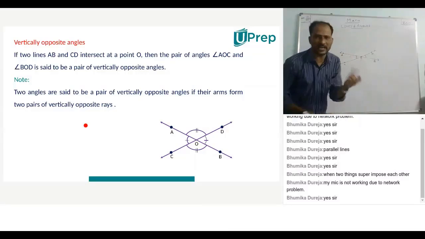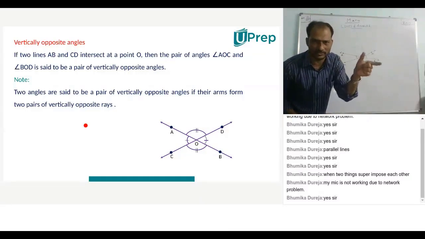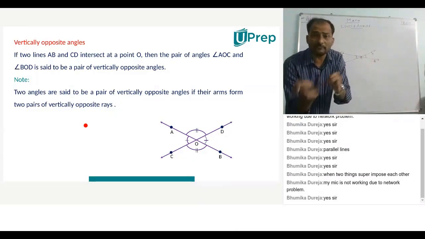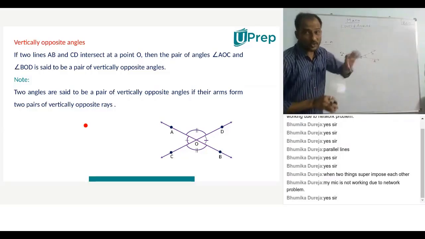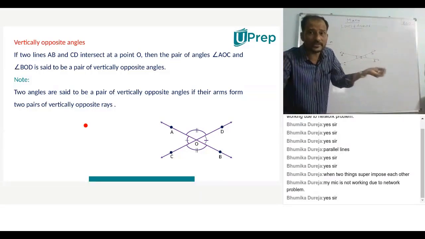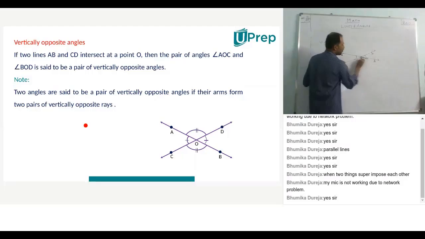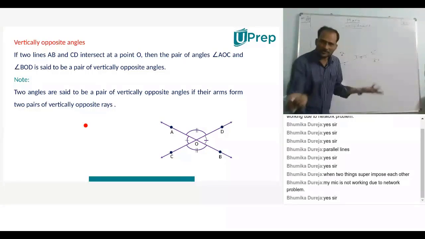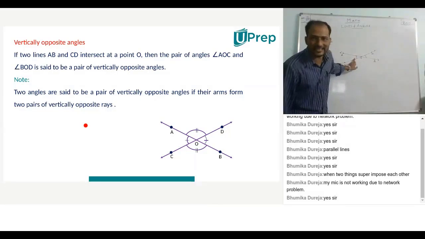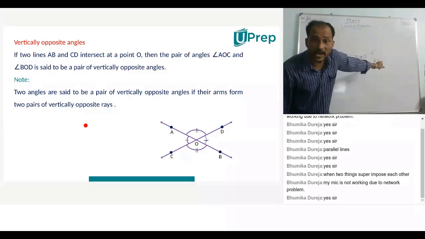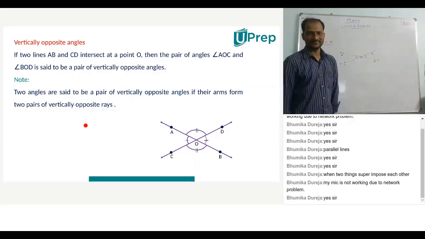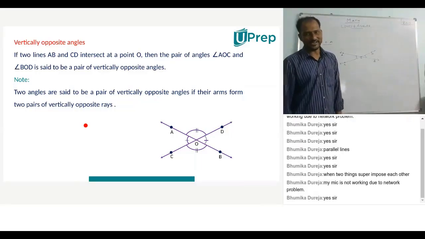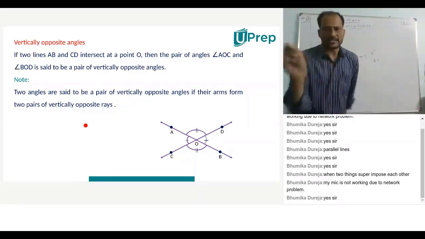OA and OC are the arms of the angle AOC, and OB and OD are the arms of the angle BOD. So here the arms form the opposite rays. OA and OB are opposite, OC and OD are opposite. So we can say that angle AOC and angle BOD are vertically opposite angles. And to be frank, their measure will be same.